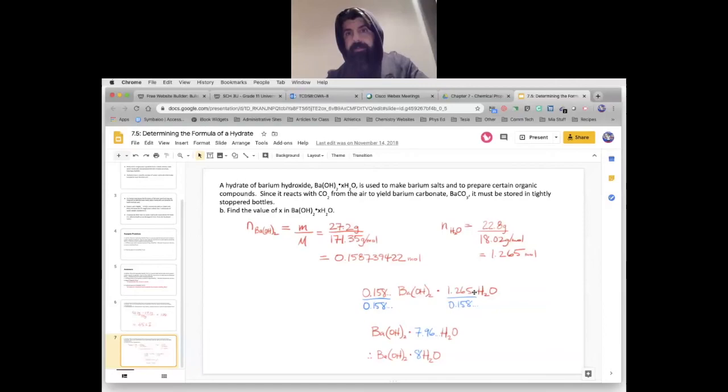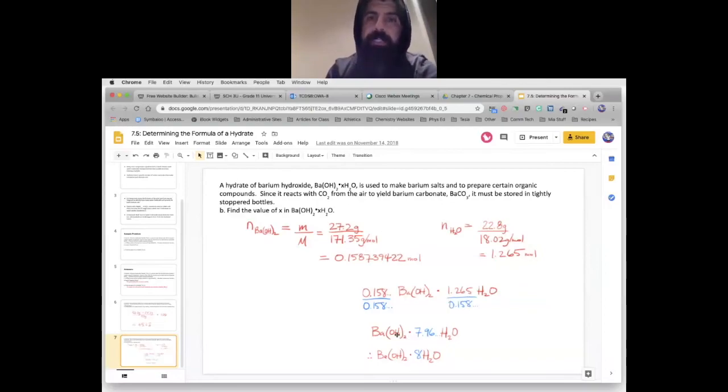So that's that value. Remember, when calculating the empirical formula, we're always trying to divide one of the coefficients to one. The one that should always come out to one is the number in front of the ionic compound. Why? Because there can't be a number in front of the ionic compound. The only number that should exist is the number in front of water. If the water value is larger than the ionic compound value, somewhere along the way you went wrong.